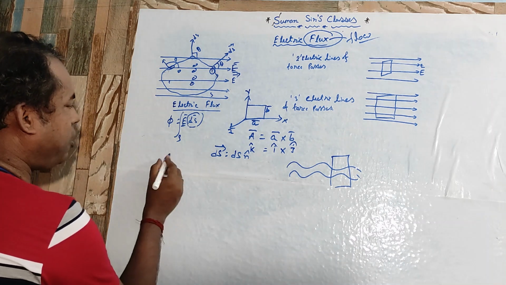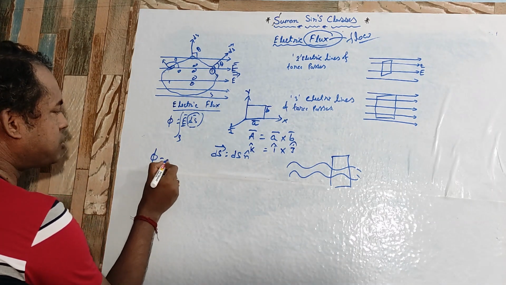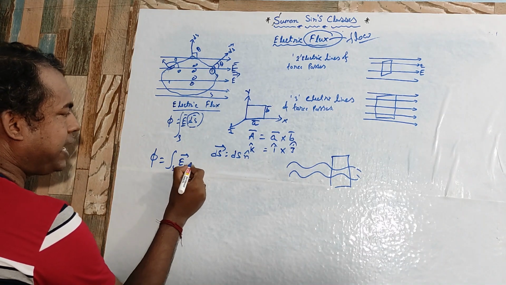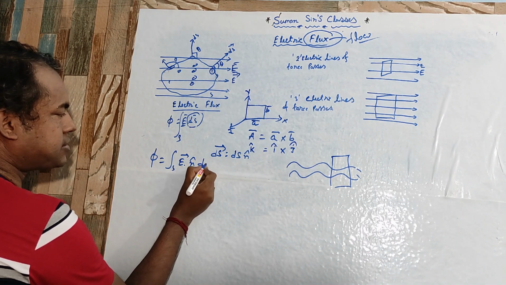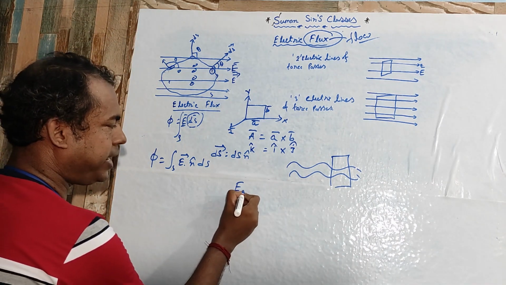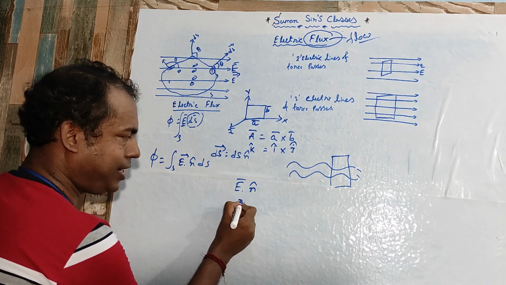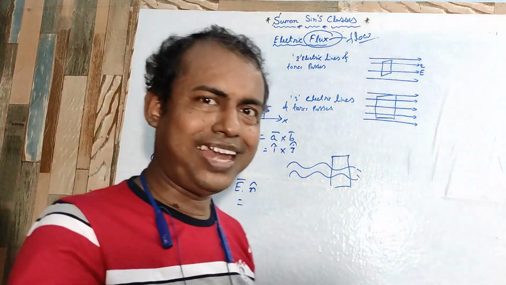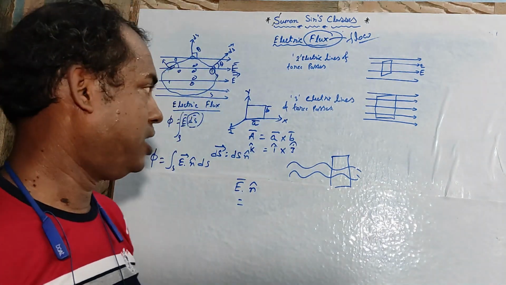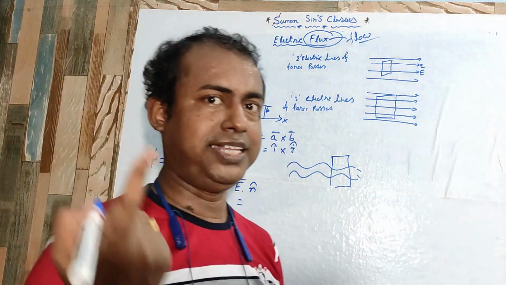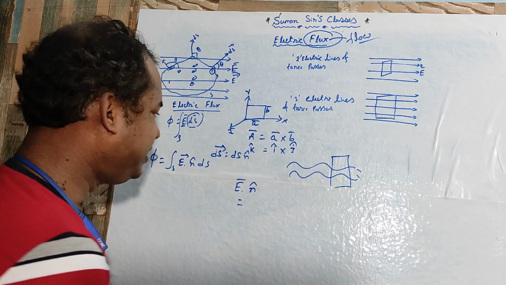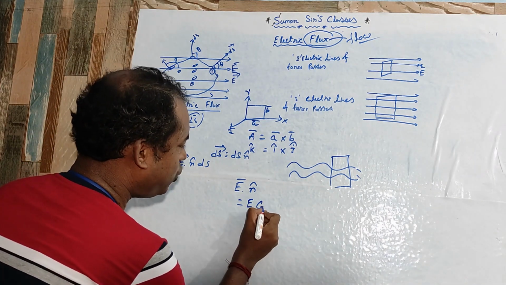So it may be written in the form: phi equals the surface integral of E dot n cap dS. Now E dot n cap: can you tell me the dot product of A and B? Yes, AB cos theta. It may be sin theta when it is a cross product, that you know. So E dot n may be written in the form E cos theta.